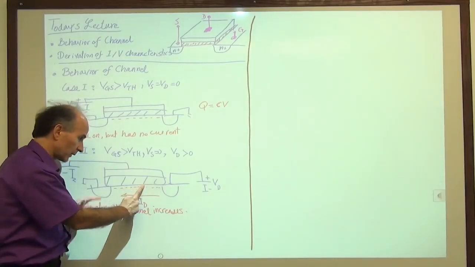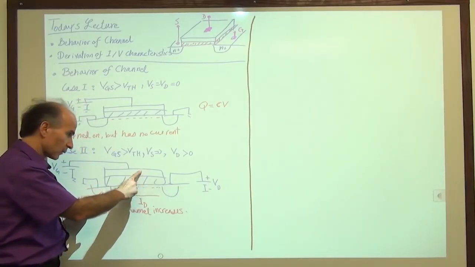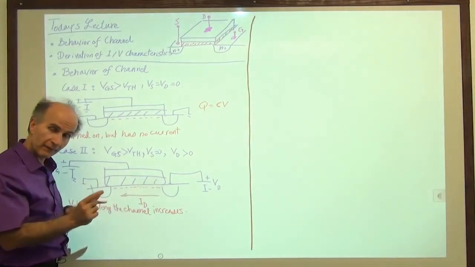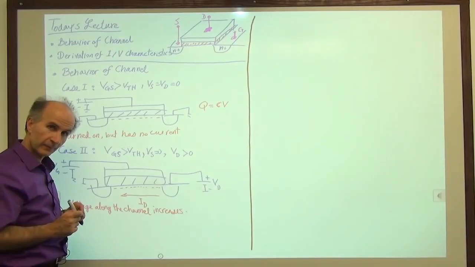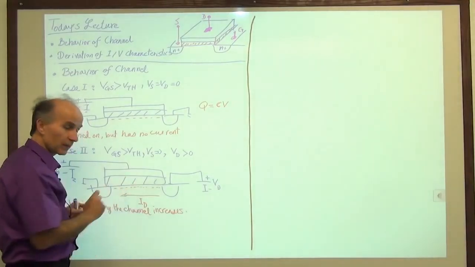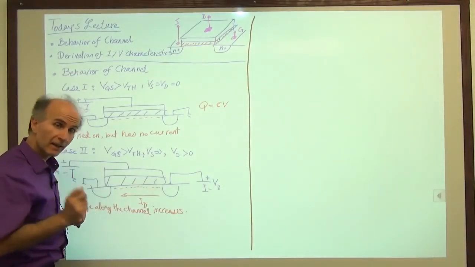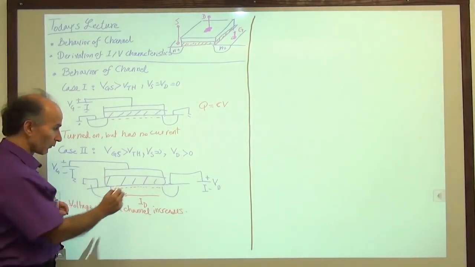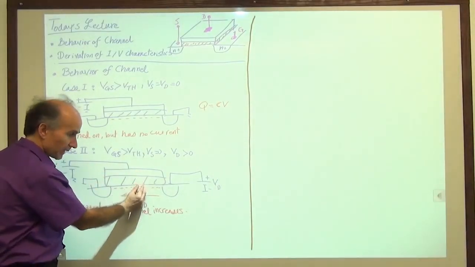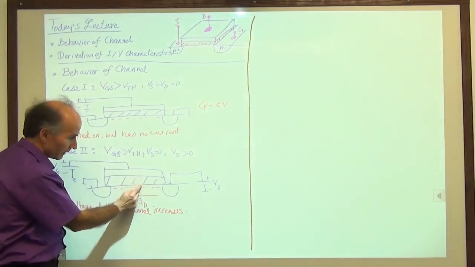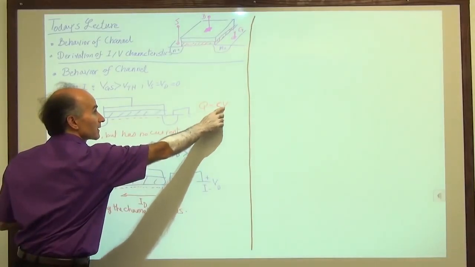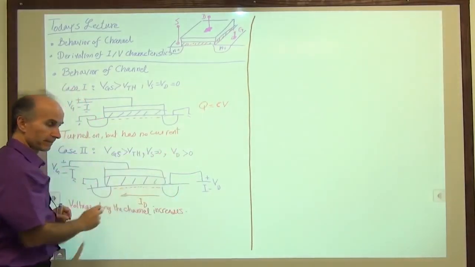So if this is 0.3 with respect to 0, and this is 1 with respect to 0, the difference between these two is 0.7 volts. So the voltage difference from here to here is less than the voltage difference from here to here. If the voltage difference from here to here is less, the charge density on this plate will be less because V is less, Q is less.